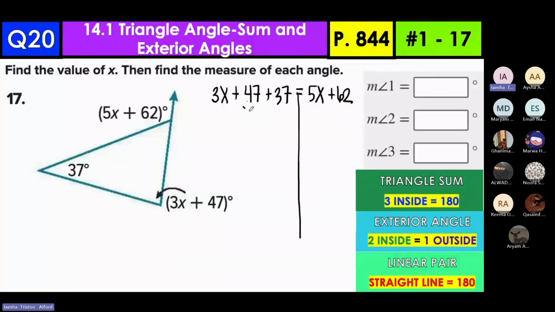Fine. So this one, you need to clean. 47 plus 37 gives you positive 84. The 3x, put it down. The equal, down. 5x plus 62. Subtract 84 both. Nope, do not subtract 84 both sides.